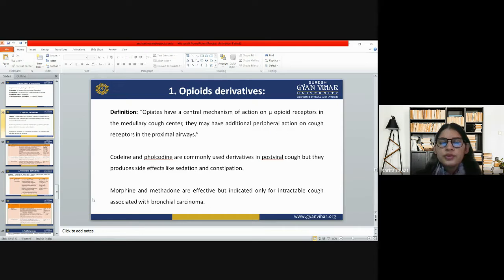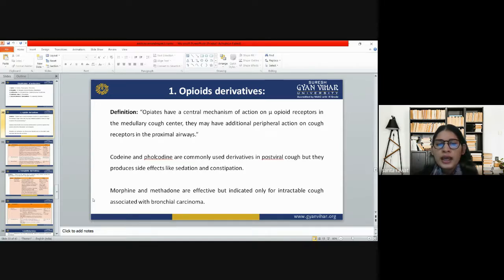Coming to the details, first is our opioid derivatives. What are opioid derivatives? These opiates have a central mechanism of action on the mu opioid receptor in the medullary cough center, and they may have an additional peripheral action on cough receptors in the proximal airway.